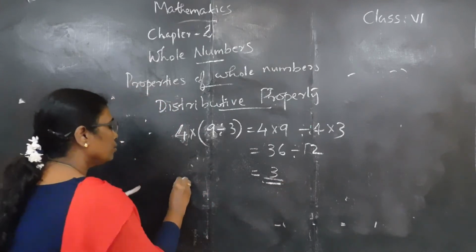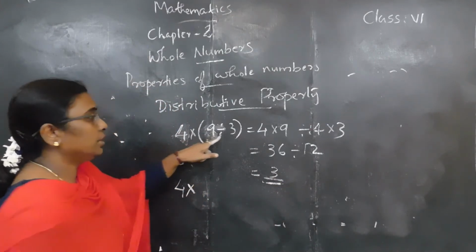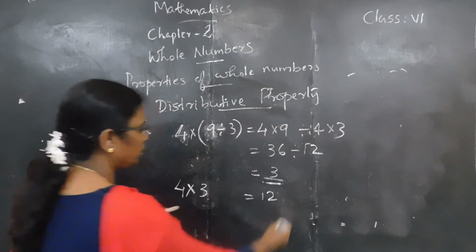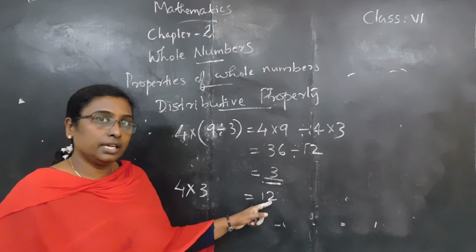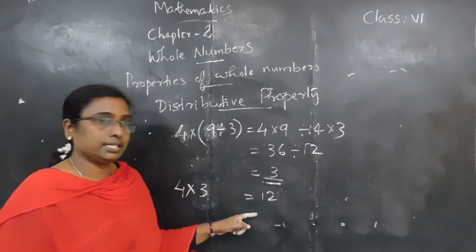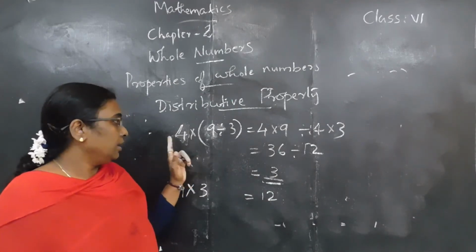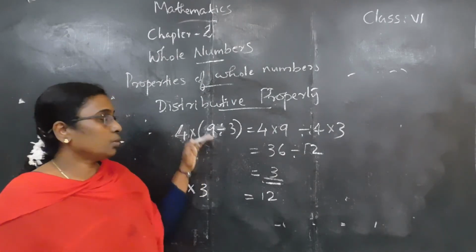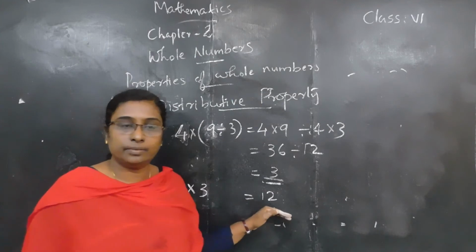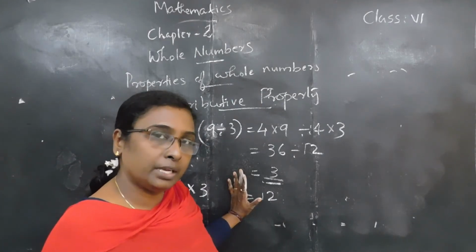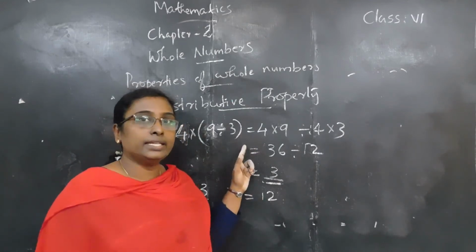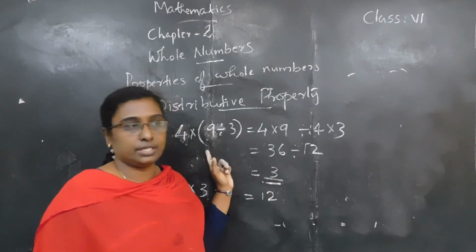But 4 into 9 divided by 3 is 12, so the answer is different in both the cases. So, we can say that we cannot distribute multiplication over division. Distributivity of multiplication holds good over addition and subtraction, not for division.